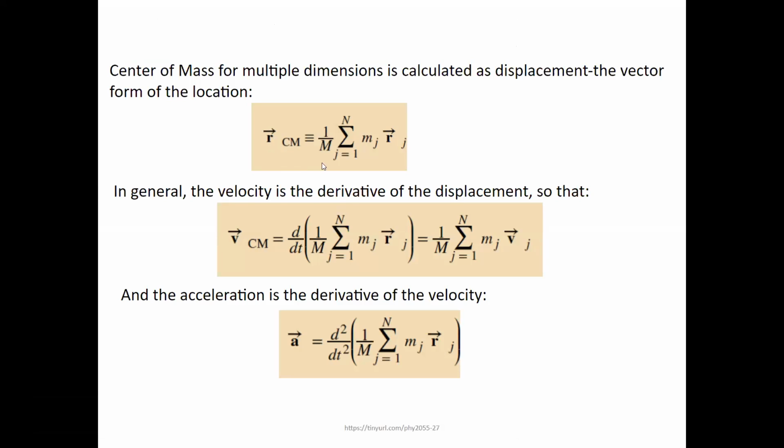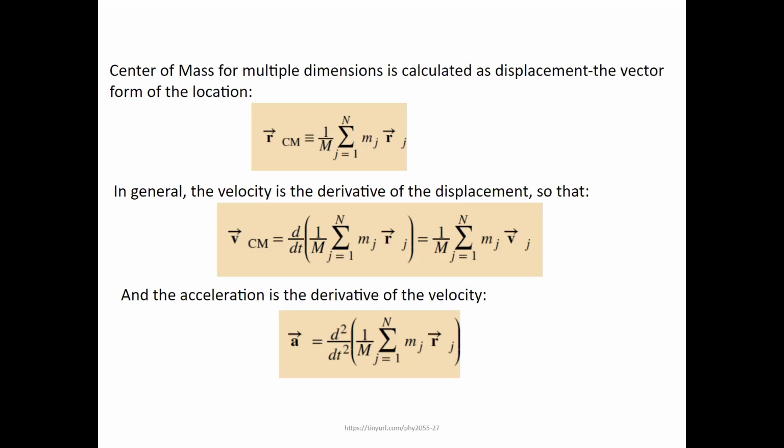Okay. Then again, if there are multiple objects in the system, you'll do M1 times R1 in vector form plus M2 times R2 in vector form. So basically the summation of the mass times the position vector of each object, and then divide by the overall mass, capital M. Capital M will be the summation of M1 plus M2 plus M3, etc. Okay.